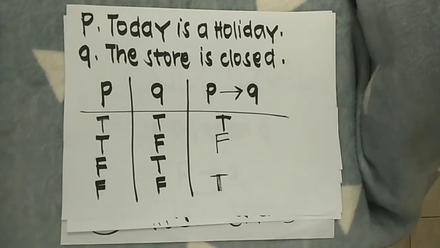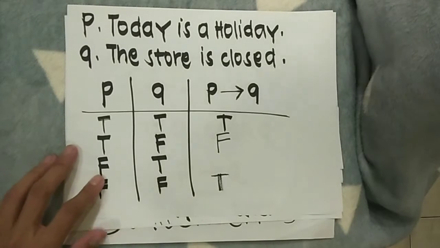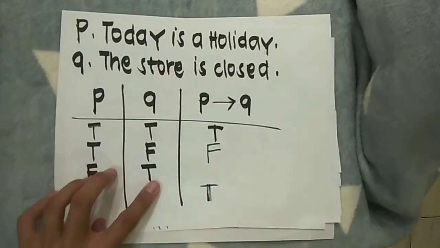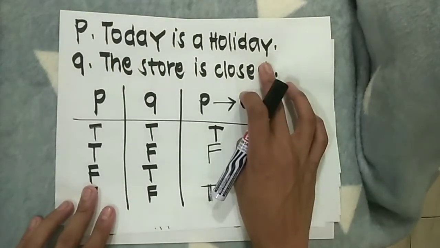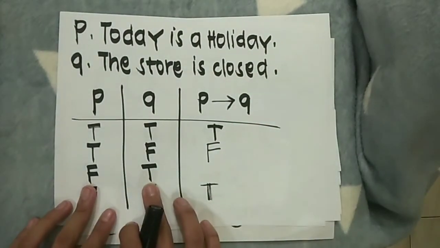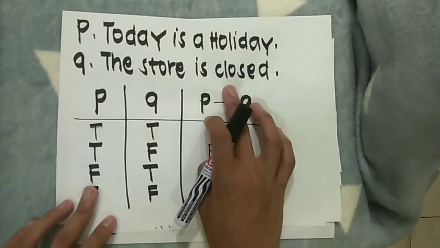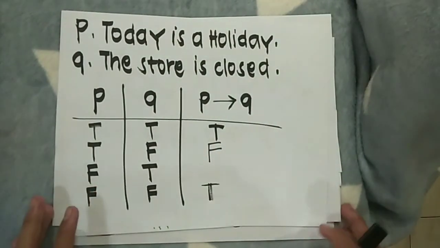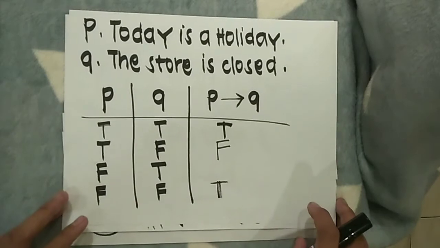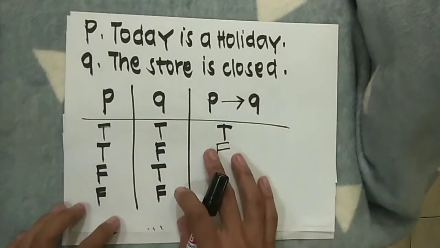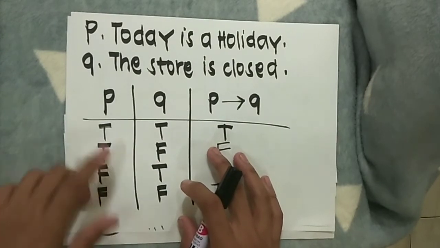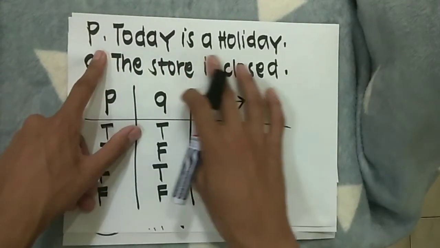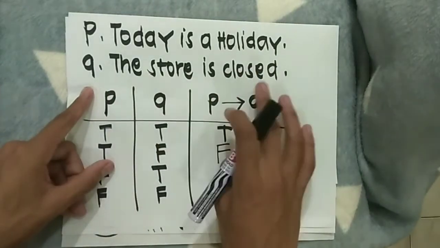The condition that sometimes gives people difficulty is if P is false and Q is true. In other words, today is not a holiday, but it's true that the store is closed. Now, you might have expected that if it wasn't a holiday, the store would be open. But the statement we started with is: if today is a holiday, the store is closed.